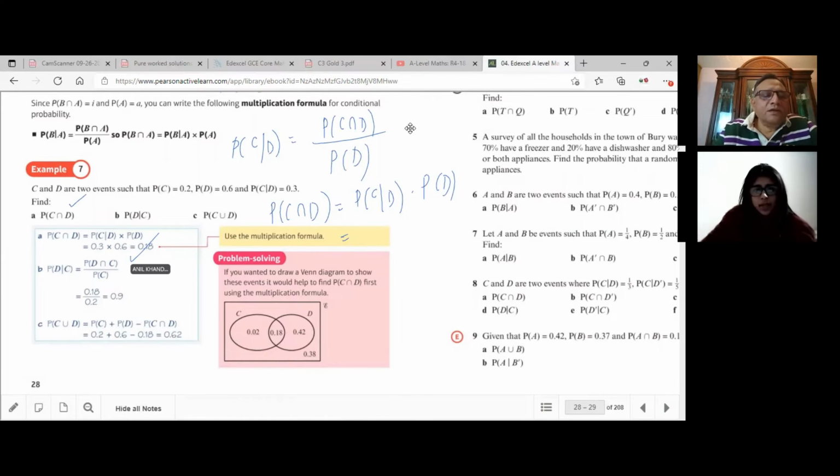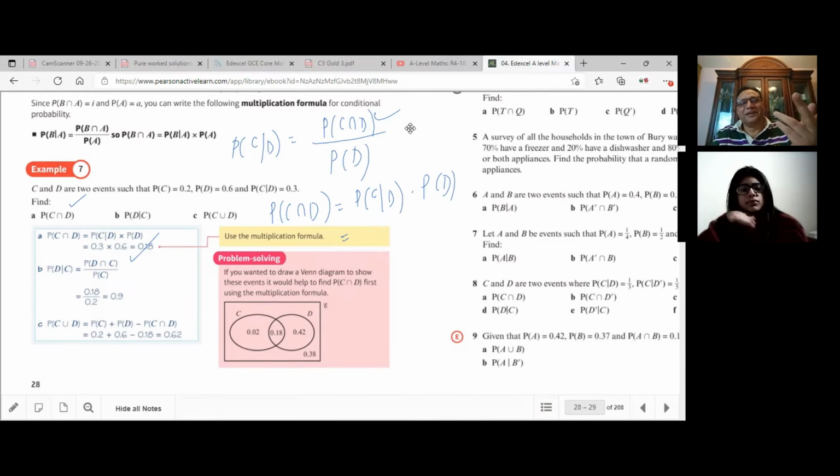Once you get that, you know the probability of C intersection D, which is the numerator for us, and now you can actually find the probability of D intersection C, because this intersection is the same, whether you say the probability of D intersection C or the probability of C intersection D. So in this case, this intersection is 0.18 as we just calculated.